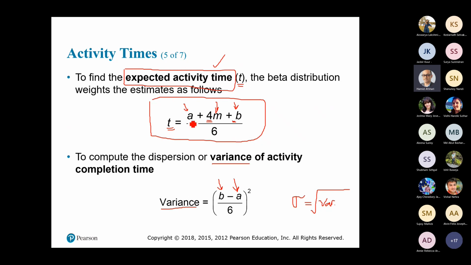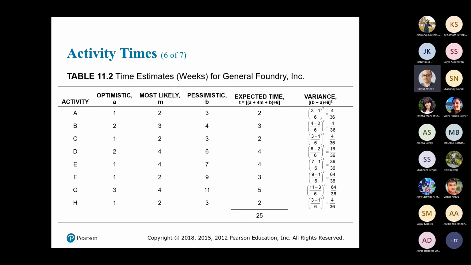I know if I go back to reference books, the formula for mean or expected value in beta distribution is the best time plus 4 multiply most likely time plus pessimistic time divided by 6, and also the range or the variance of activity completion is the worst case minus the best case divided by 6 squared. Okay, so this way I am able to calculate the times.